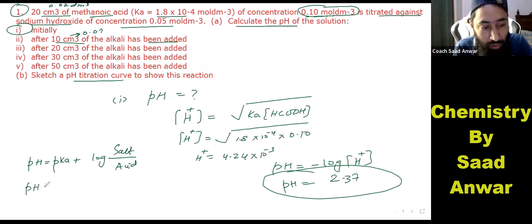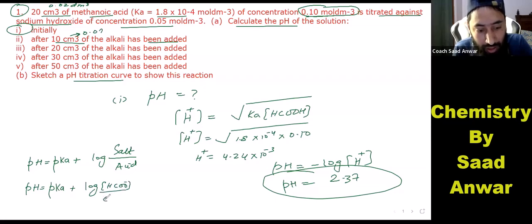So pH is equal to pKa plus log of concentration of salt, where the salt is HCOO negative, over the acid, HCOOH. So I have to find the concentration of salt, and I have to find the concentration of acid in the buffer.